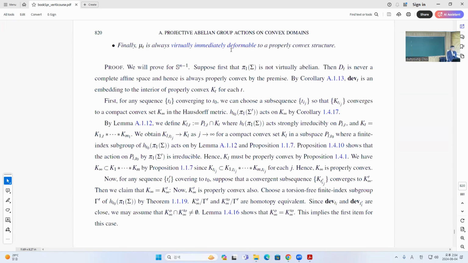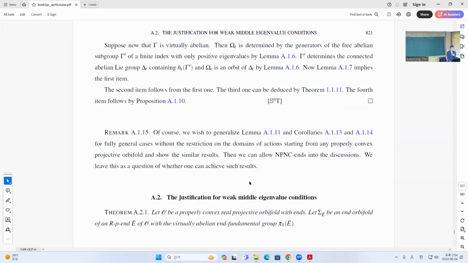Okay, so it's always virtually uniform, immediately formal for properly convex structure. Okay, so everything is really proved here, except that you just need to deal with the properly convex case, and that case is easy to prove using the geometric limits here. Okay, so the final thing is some justification for the weak middle eigenvalue condition.